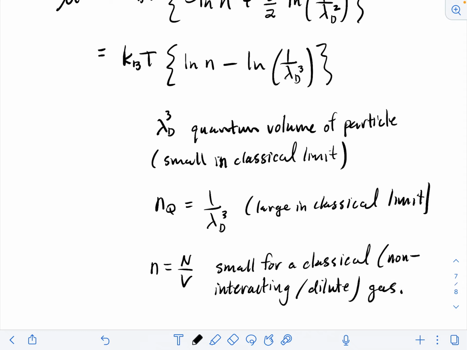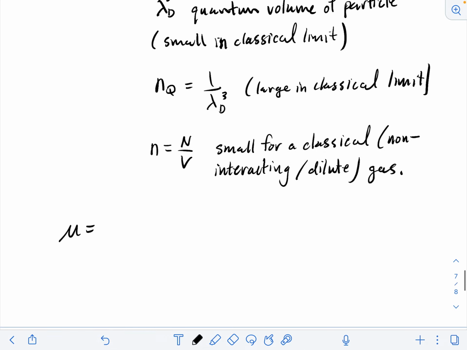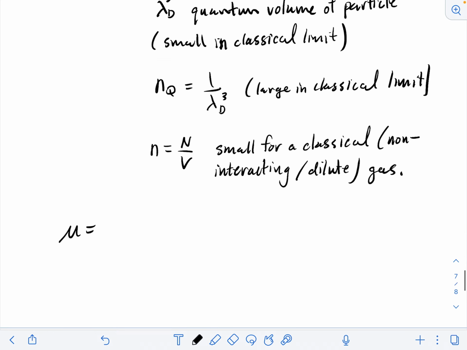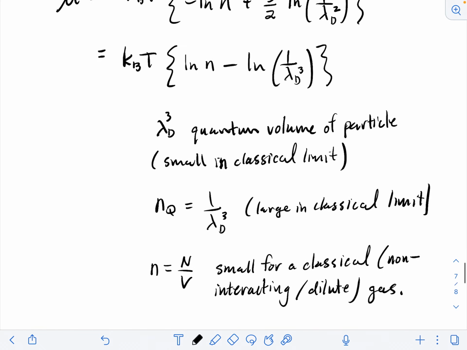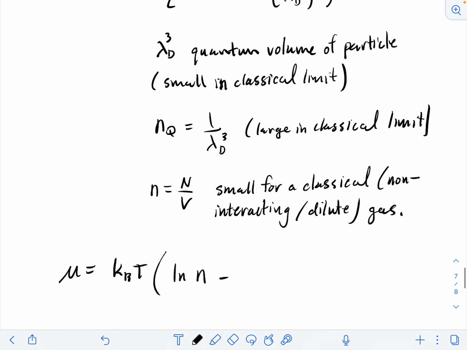Okay, so written in these terms, what we have is that the chemical potential is equal to kBT times the ln of the number density, which is small, minus the ln of this quantum density that we defined, which is large.